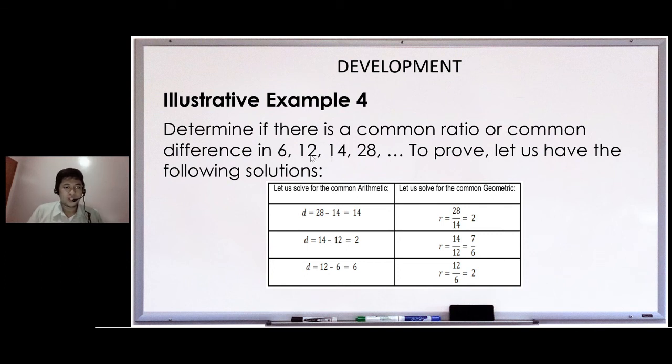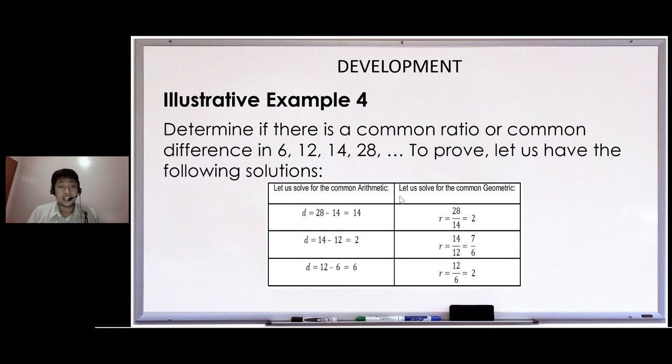So what is 12 minus 6? The answer is 6. Next, 14 minus 12 will give us only 2, while 28 minus 14 will give us 14. So if we look at the differences there, we don't have a common difference.